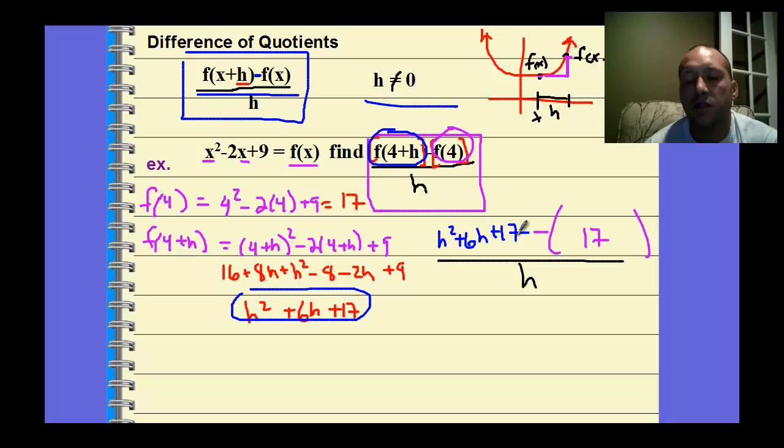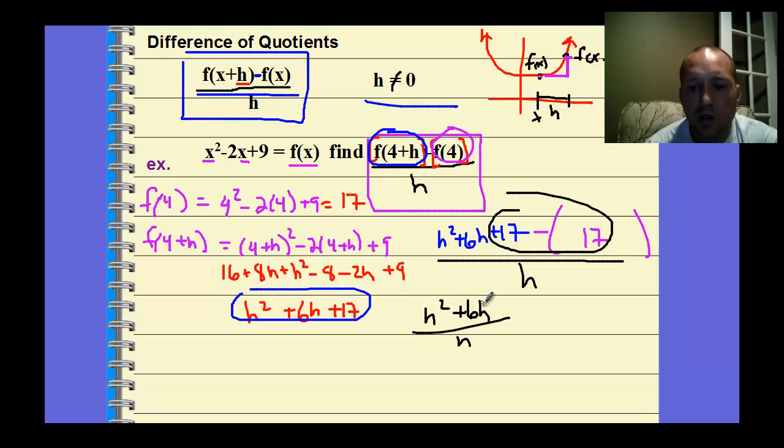And so we need now to simplify. Well, 17 minus 17, that's just 0. So I end up with h squared plus 6h over h. Well, the numerator both has an h in the term, so let's factor out an h. I'm left with h plus 6 all over h. And those two h's, now we have multiplication between these two, I can reduce those h's, so I end up with h plus 6 as the final difference of quotient value.